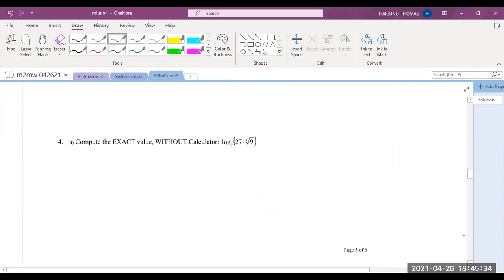Compute the exact value without a calculator. Oh, this one is good. The trick is to call this x for now, and then you change it into exponential form. 27 times the cube root of 9 is 3 to the x. Now 27 is 3 cubed. The cube root of 9 is 9 to the power of 1/3, but 9 to the power of 1/3 is 3 to the 2/3.